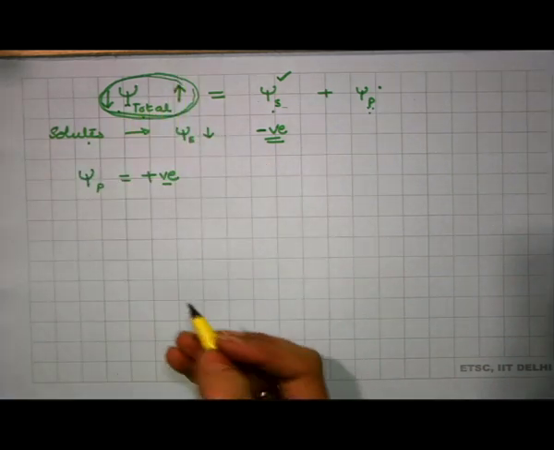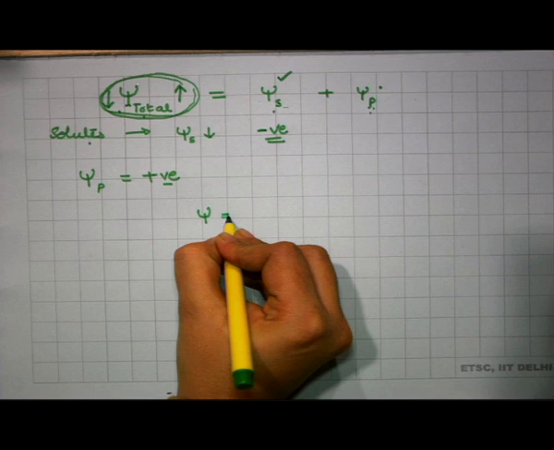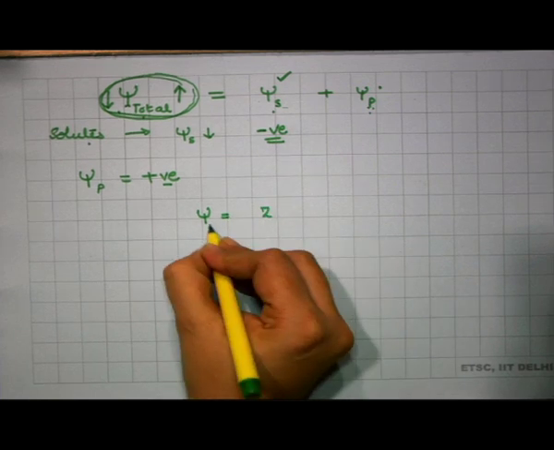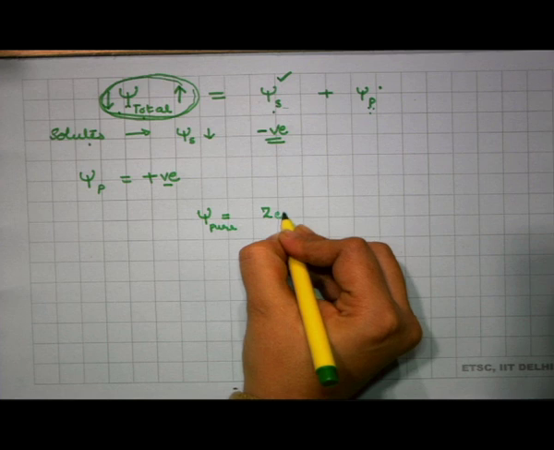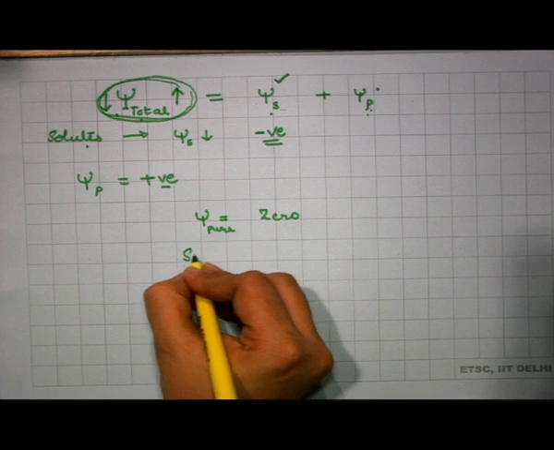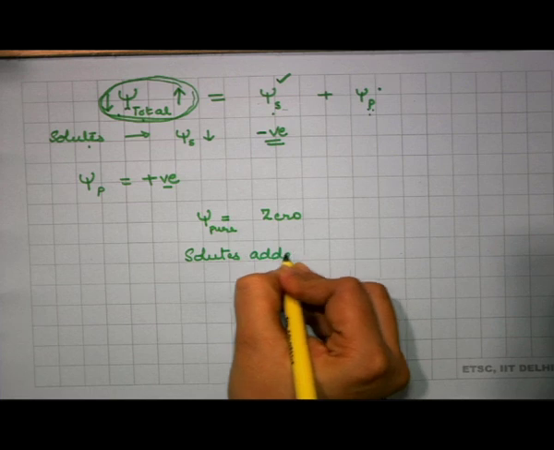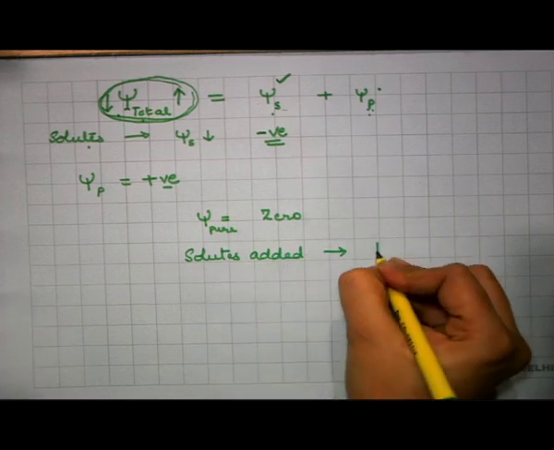Further, I will say once again that the water potential of pure water is 0. That means, when solute is added to it, it will further lower down.